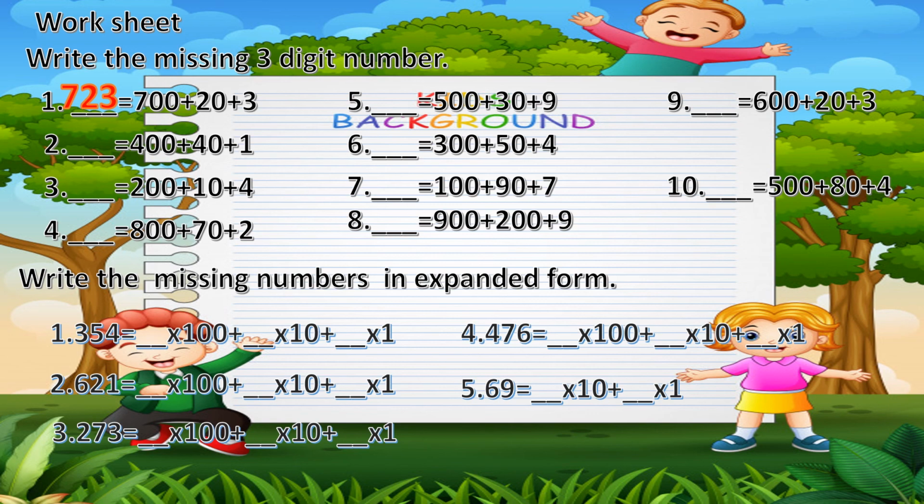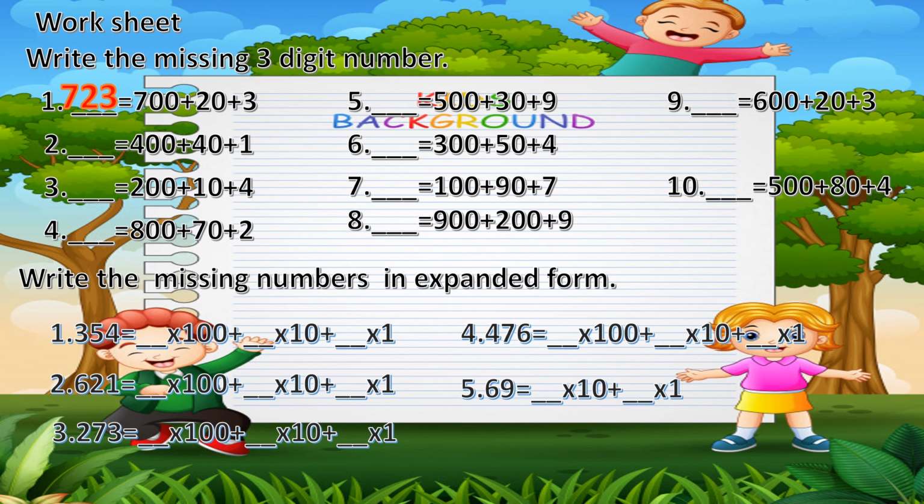I presume that everybody answered the rest of the worksheet in letter A. Then I'm going to do the letter B, the first number. Okay, it's the same. I'm going to answer number 1 and you're going to answer the rest. We have here 354 as a standard form and we're going to find the missing number in expanded form.